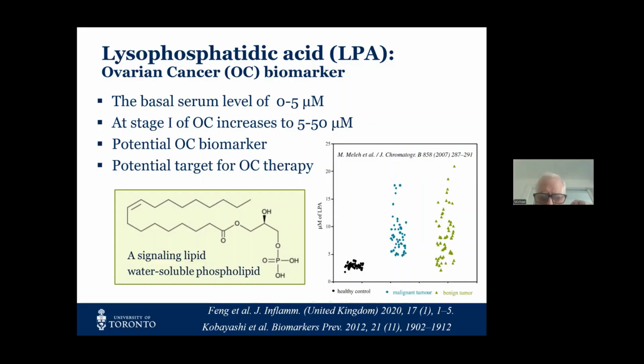It looks like a rather good marker for the disease. So we concentrated for the last 2 or 3 years on trying, quite hard, to detect this particular species in human serum.